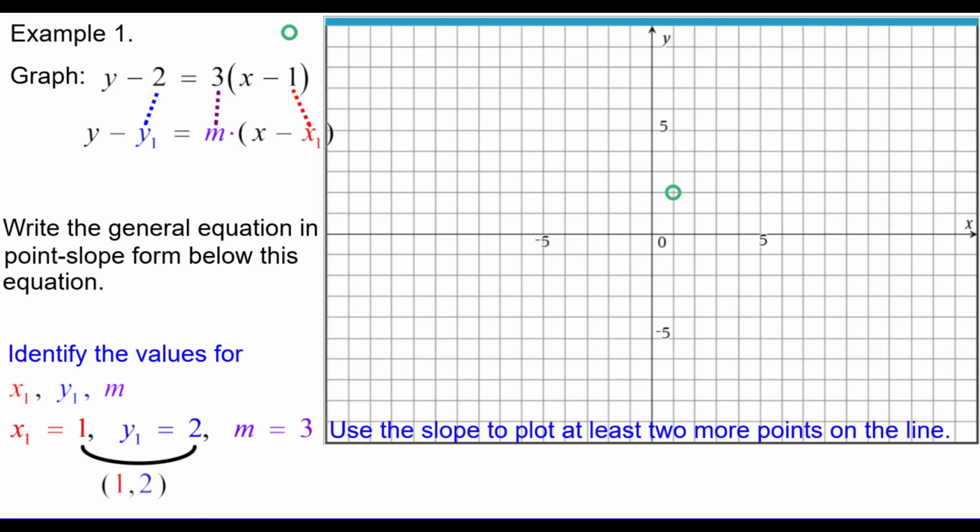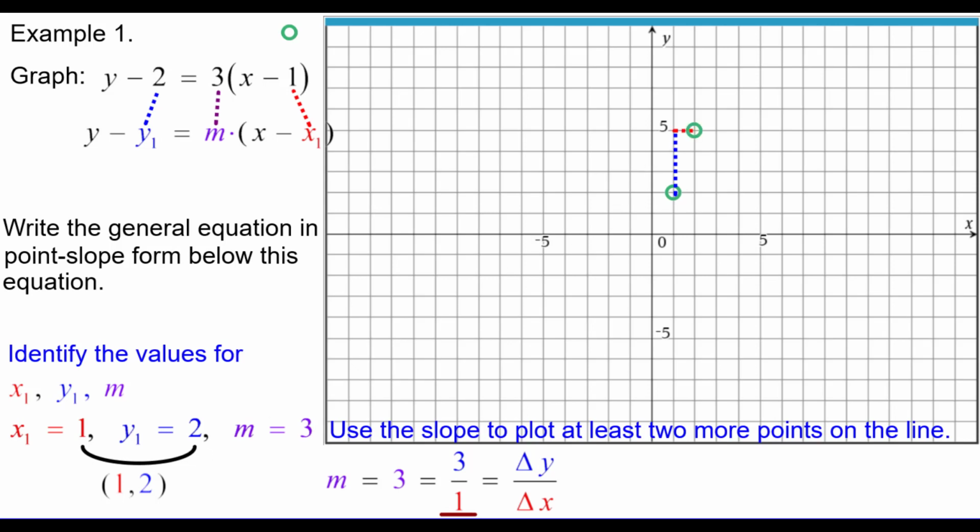And now we can use the slope 3 to plot at least 2 more points on the line. So go ahead and pause as needed. Resume when you're ready. I can think of 3 as positive 3 divided by 1. So the change in y is positive 3. The change in x is positive 1, which means from here I go up 3 and to the right 1.